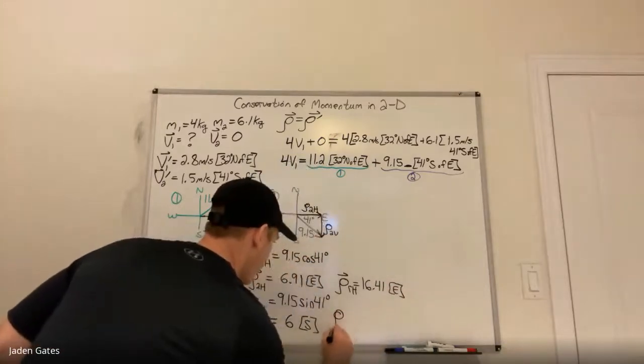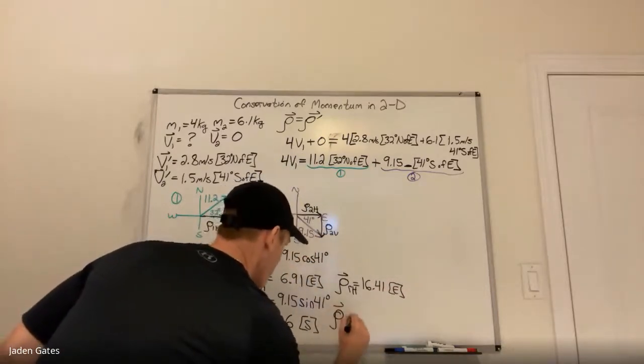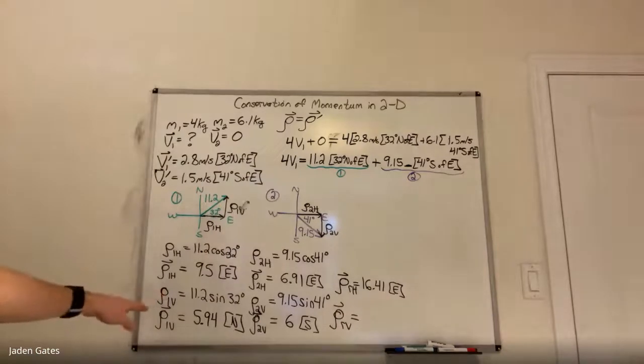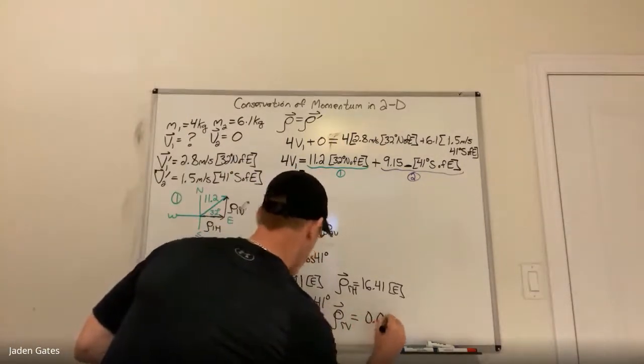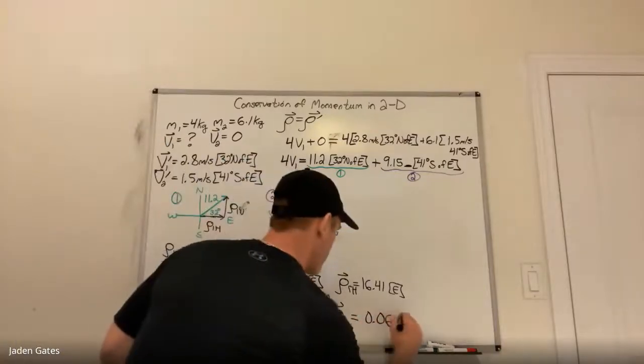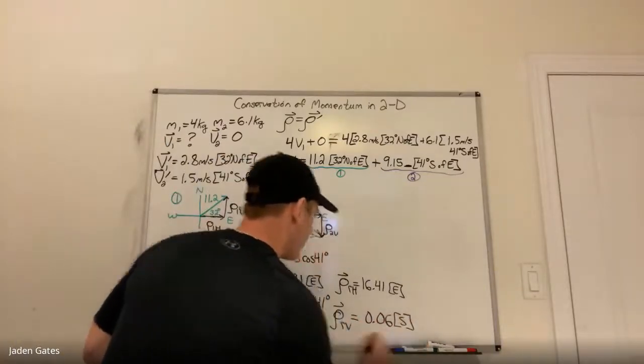Now I add up the verticals on my resultants. This time we got 1 north, 1 south. South is bigger, so I'm going to go south here. Ooh, it's a really small number too. That's only just 0.06. And again, south is the bigger one, so south.